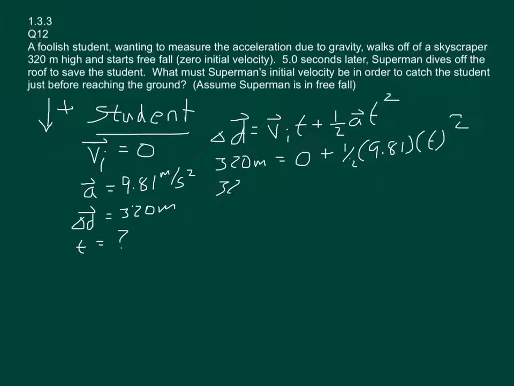Alright, so we got 320 meters equals, we multiply through, half of 9.81 is 4.9 T squared.